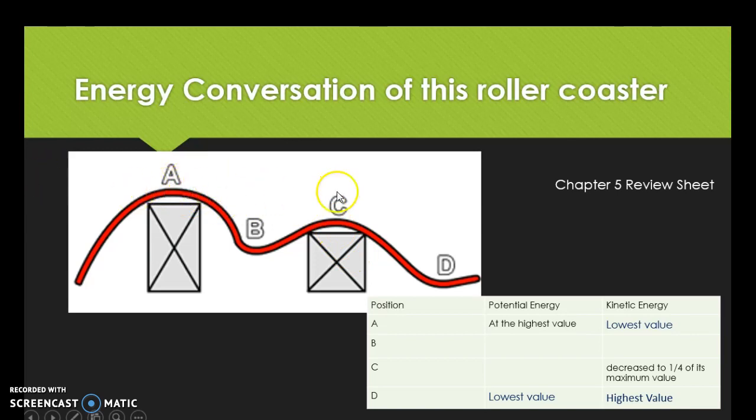So if we pulled out some rulers and did some calculations, we would come up with C being about 3/4 of the height of A.